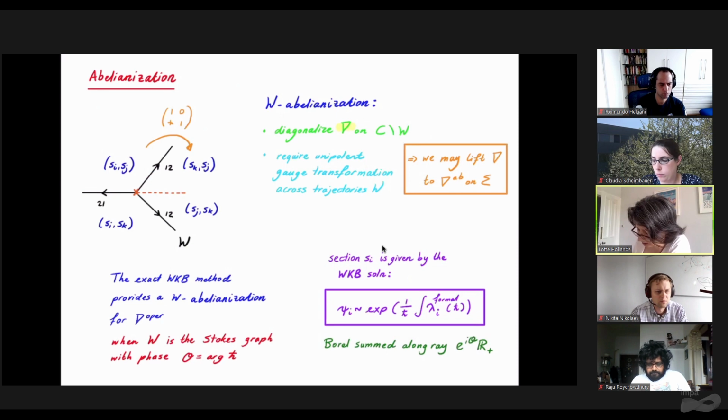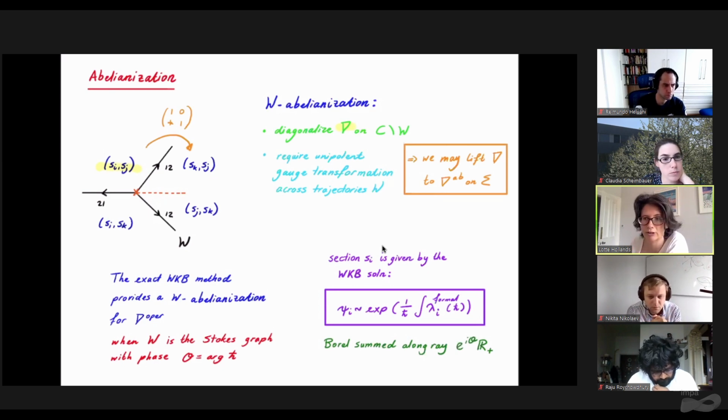And so, for instance, in this particular cell, the diagonalization of nabla is characterized by a basis of local sections s_i, s_j. And moreover, we require this gauge to be such that if you cross a trajectory, then the corresponding gauge transformation is unipotent.